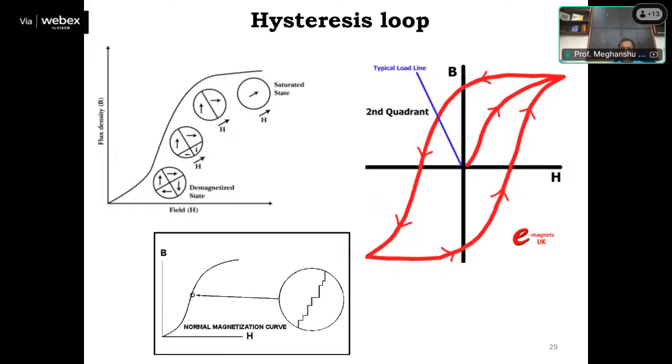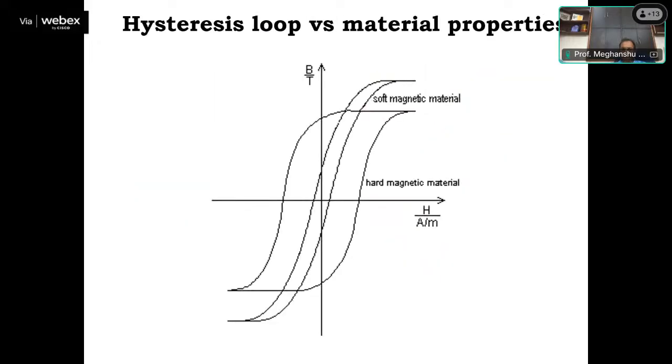This hysteresis loop is generally drawn on the x-axis and y-axis. On the y-axis you have B, the magnetization of the material, and on the x-axis we have H, the applied magnetic field strength. The hysteresis loop is very much related to the material property.